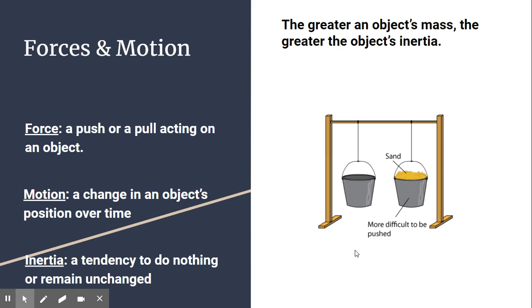If an object has more mass, it takes a greater force to move that object. And that's what you see in this visual here. You have two buckets hanging. One is empty, and the other one is filled with sand. It takes a greater force to push and move the bucket that is filled with sand than it does to push or move the empty bucket.